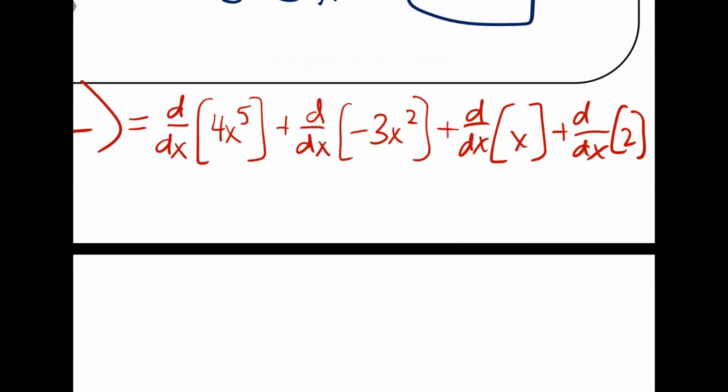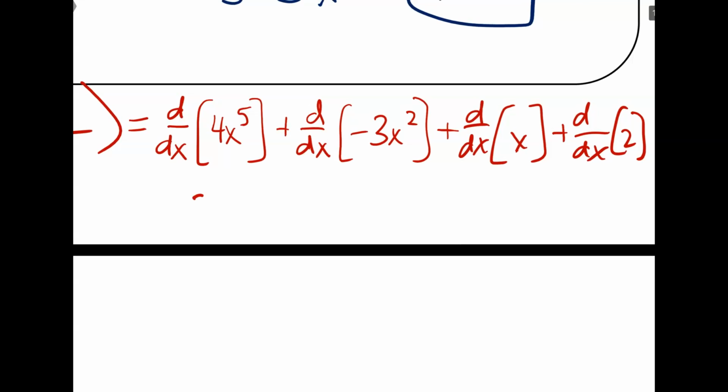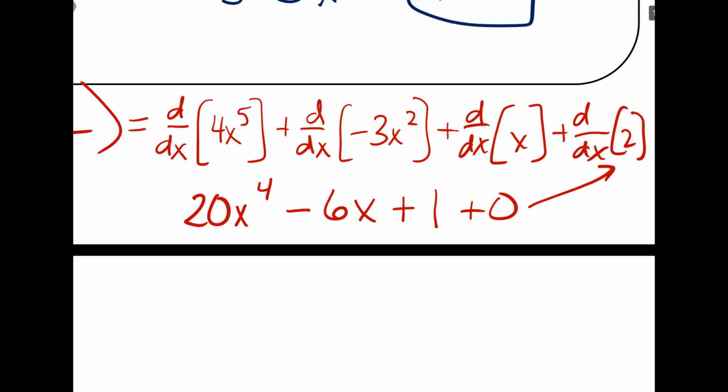Okay, what would this first one be? 20x to the 4th. What about the next one? Minus 6x. Then plus 1, because remember the derivative of a constant is 0. So this 0 is from this guy.